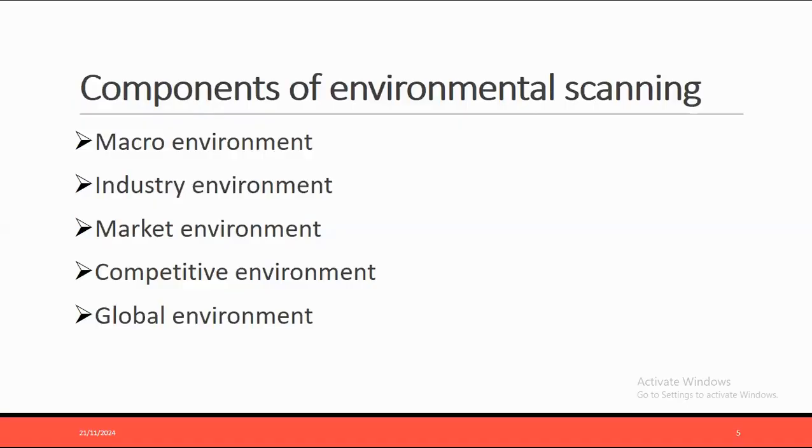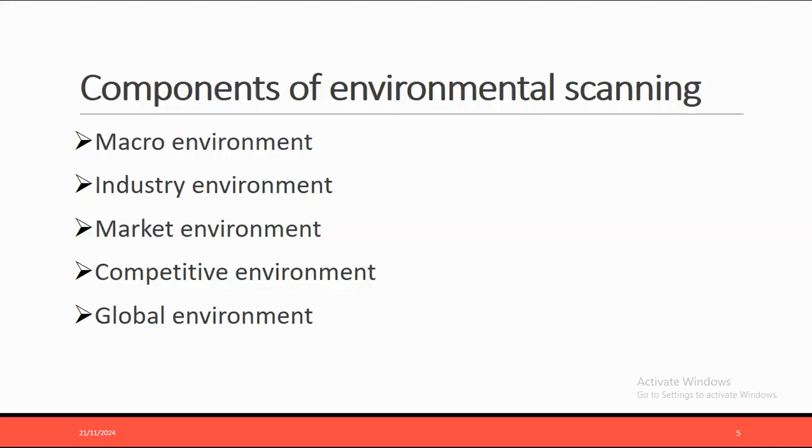Okay, so the organization has to focus on the macro environmental factors. Okay, it also has to focus on industry-specific factors that can affect its operations, right? Then it also focuses on what is happening within the market, the target market, and then also what competition is doing. And then finally, what is happening on the international markets?